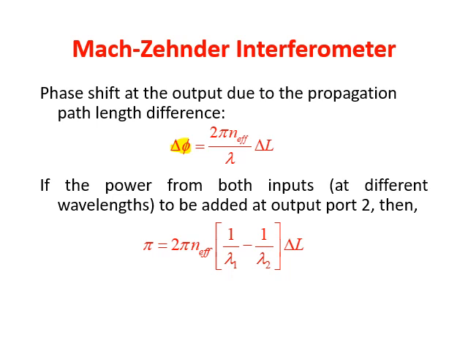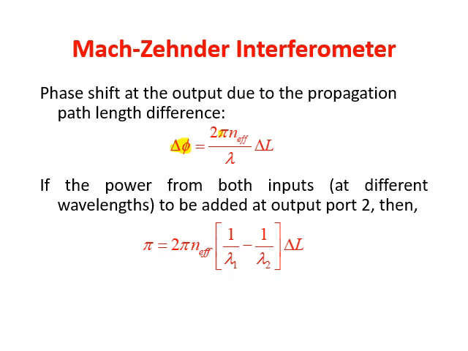That is nothing but delta phi here, which indicates the frequency separation of two wavelengths, and the value of pi here we can take in terms of 2 pi n effective, which is 1 by lambda 1 minus 1 by lambda 2.